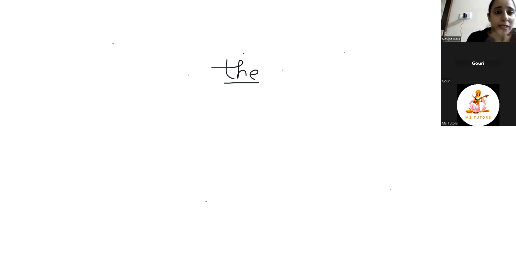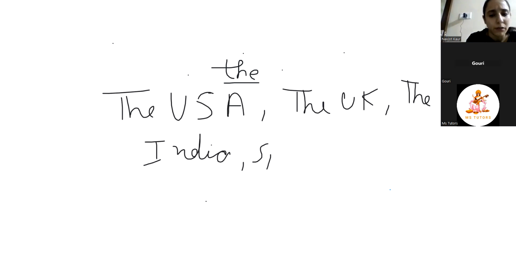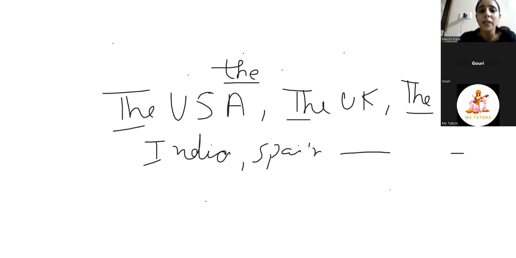We always write the USA, the UK, the UAE. But we are not using the before India, Spain, or any other country. We are using the only with the USA, UK, and UAE, because they are a combination of many countries.